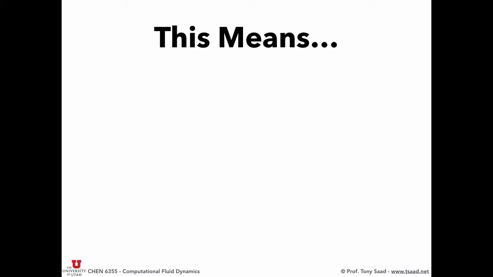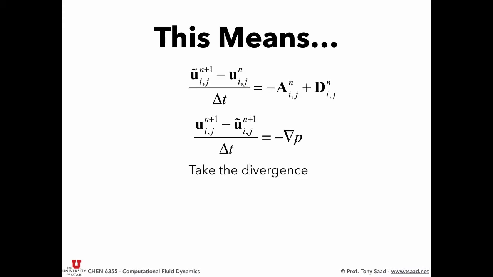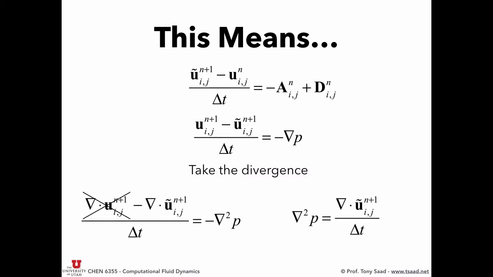But there was no equation for the pressure, and last time we described a strategy to obtain one. Compared to the vorticity-streamfunction formulation, the primitive variable formulation, or the projection method, is really nothing more than taking the divergence of the momentum equation.